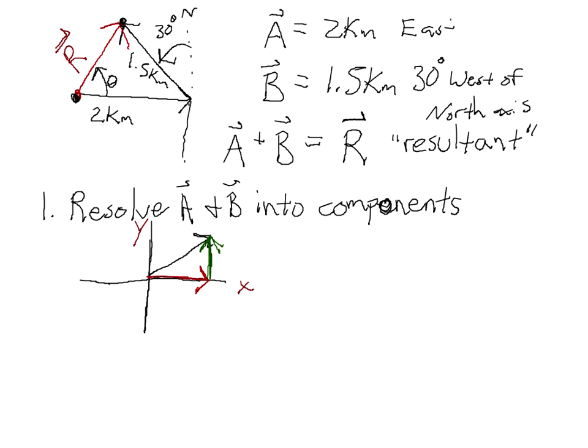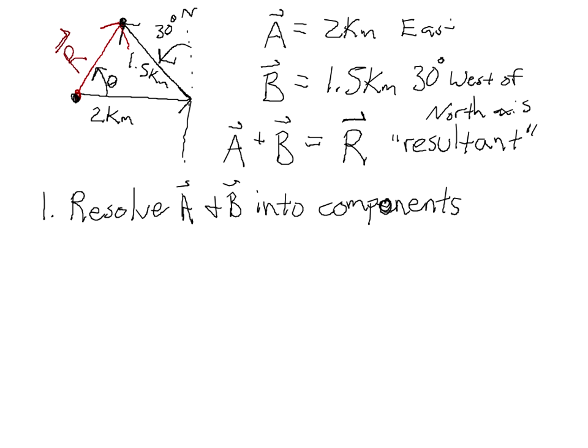So I would say this red vector is the x component of the vector, and the green one is the y component of the vector. And you find the x and y components of a vector using trigonometry. So step one, when you want to add two vectors using the component method, is you find their components.